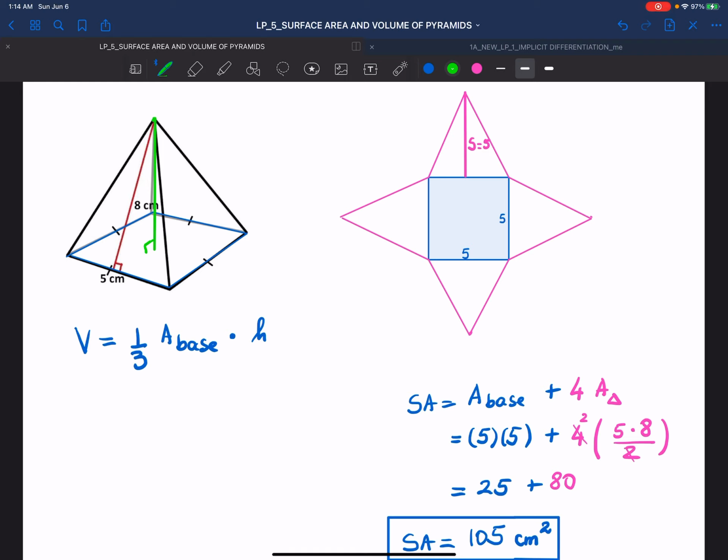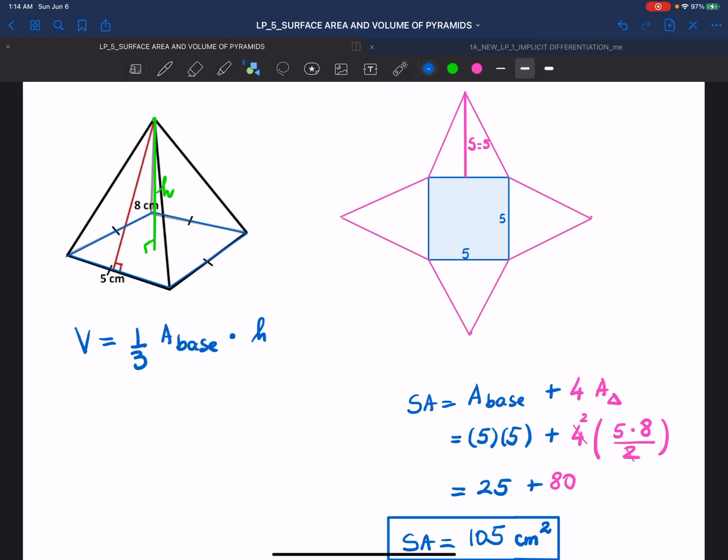Now, we don't know what the height of the pyramid is because we're not given the height. But what we do know is that it will fall exactly in the middle of the base, which is a square-shaped pyramid. So what we are going to do is connect the foot of the height with the foot of the slant.